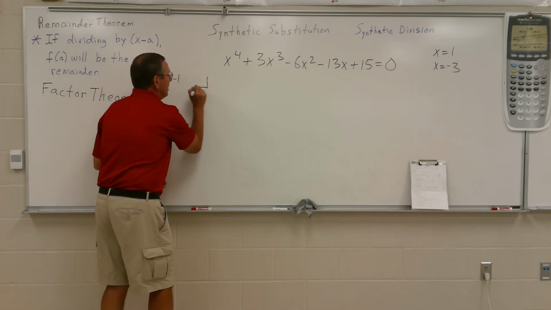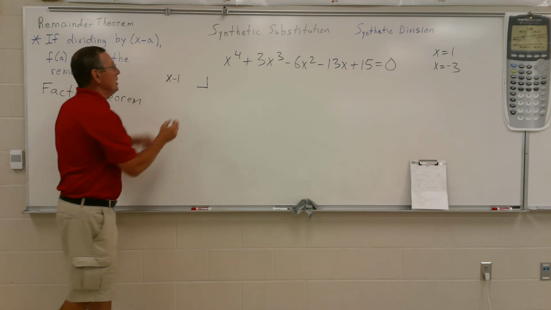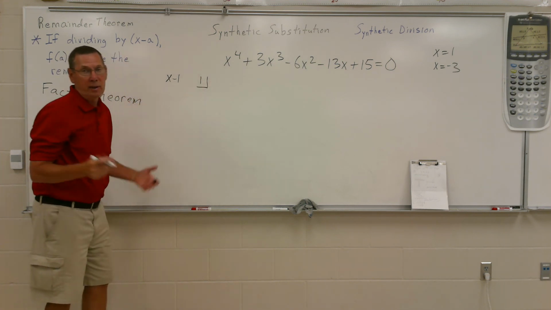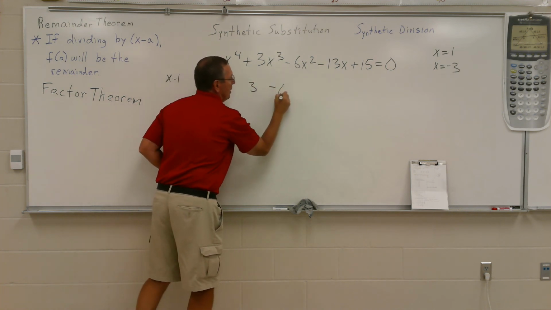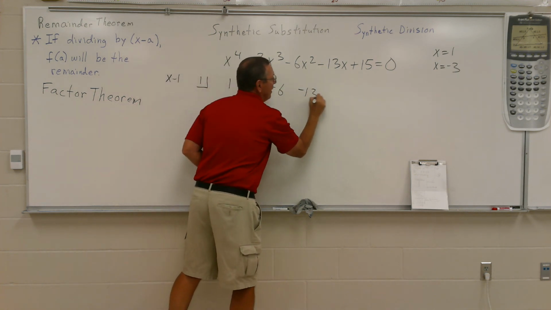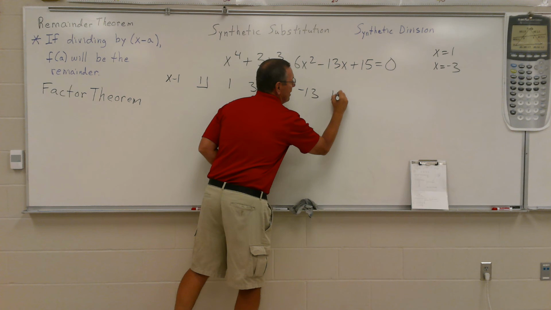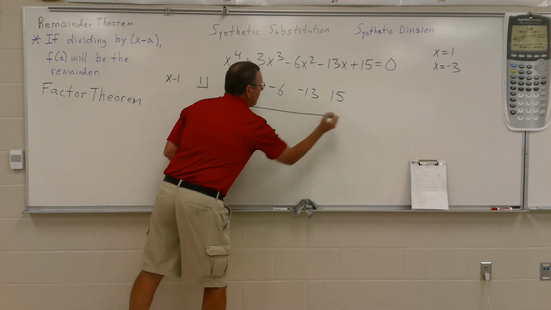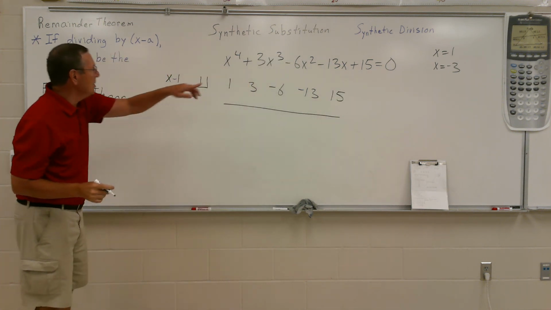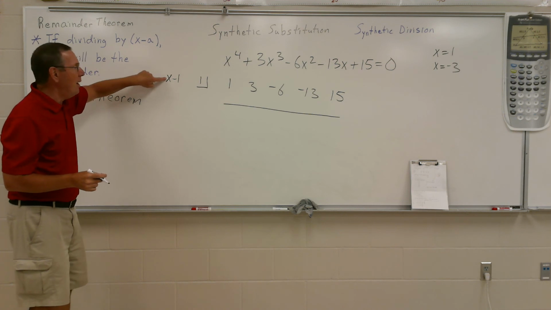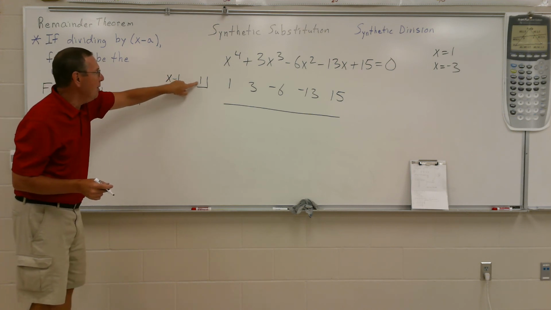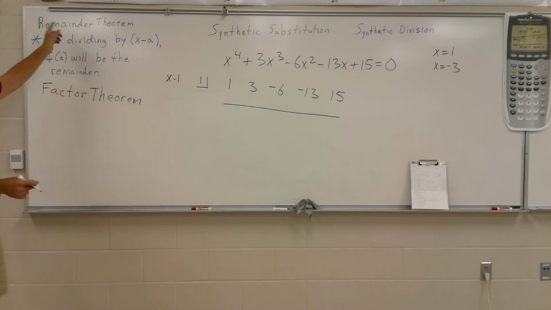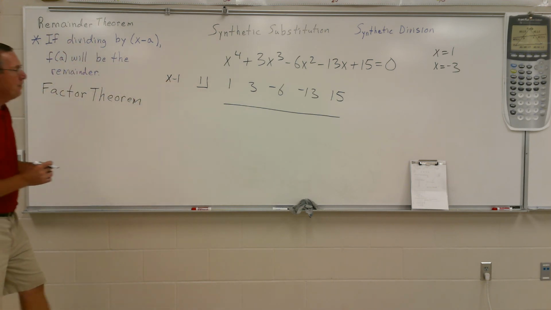Okay, in the box, I'm dividing by x minus 1, so I'll put a positive 1. I'm not doing anything new. I'll copy down my coefficients. Careful I don't miss anything. I don't see any terms that are missing, so I don't need any zeros. Again, if 1 is an answer, then x minus 1 must have been a factor, and we're using our remainder theorem to divide it into there.